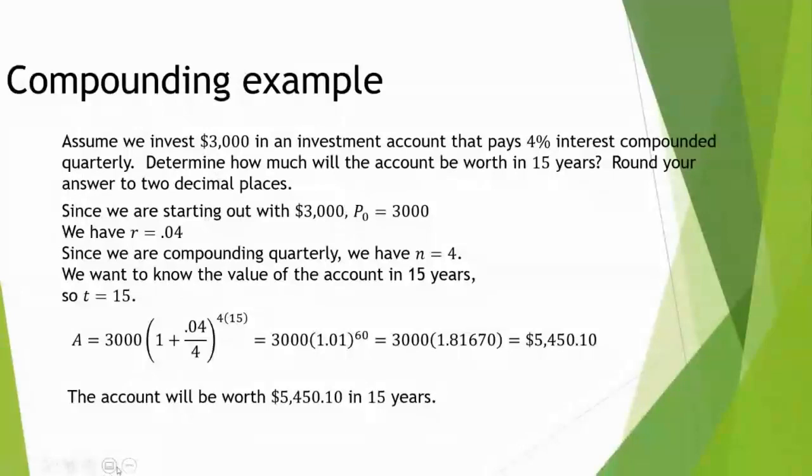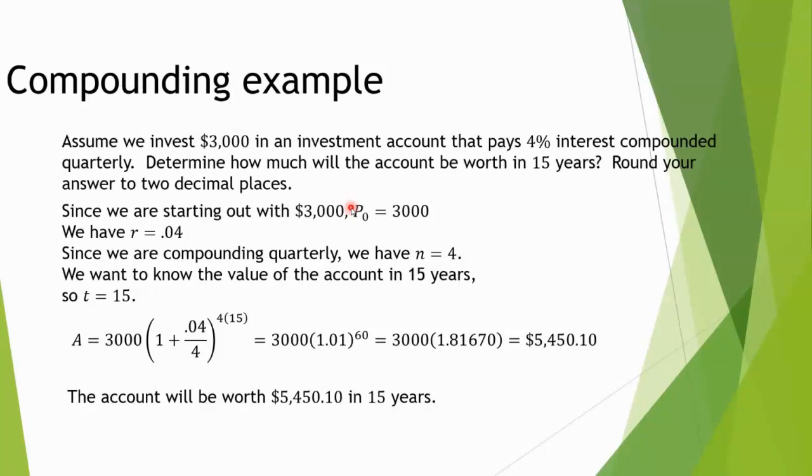And again, our R, that's our APR, 4% interest. This is 0.04. Now we're compounding quarterly. I think I said already, but I'll say it again just in case. When you're compounding quarterly, that means it's compounded 4 times each year. So N is 4 in this case.